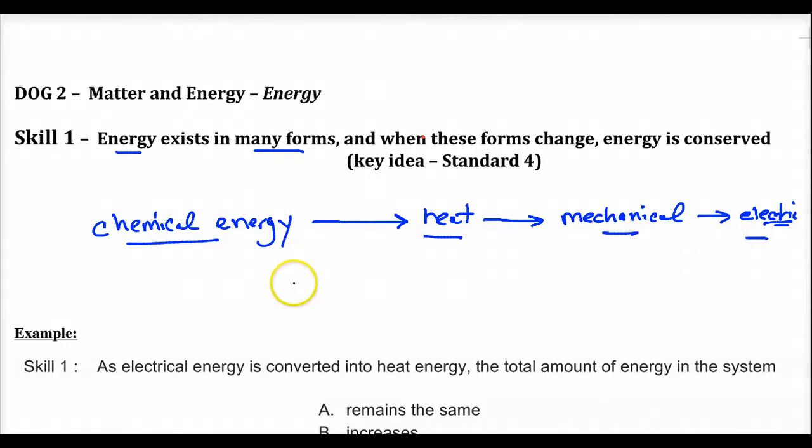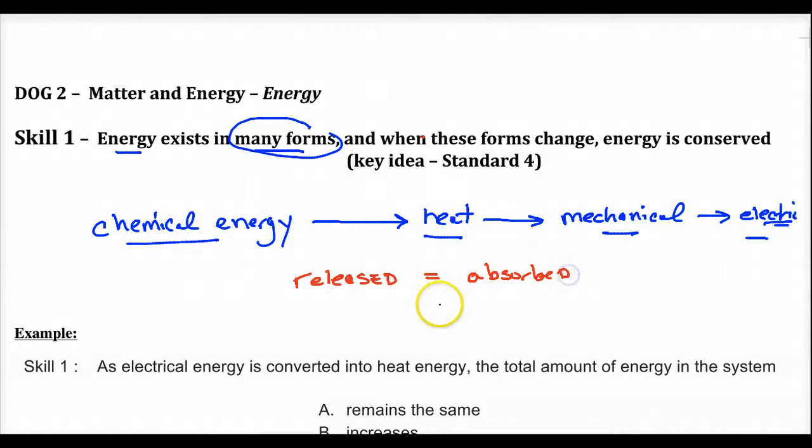There is no additional energy being made or destroyed. So energy is neither created nor destroyed. It is just transferred from form to form. In fact, in our calorimetry experiments, we noticed that energy is released, let's say by the burning Cheeto, and absorbed by the water.